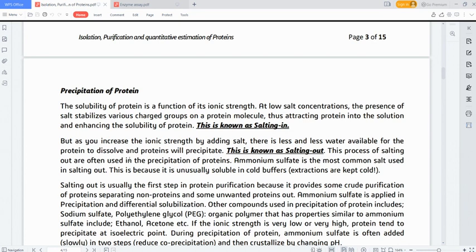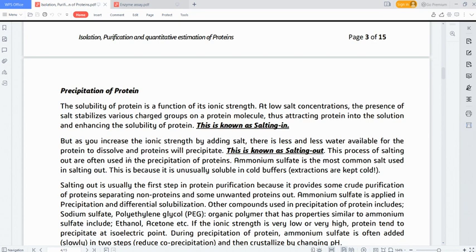That is salting in. But as you continue to increase the ionic strength of the solution, that is, you continue to add this salt, like I said before, more of the water is being used. The salt is being dissolved in the water, making less and less water available for the protein to dissolve, and that protein will come out.